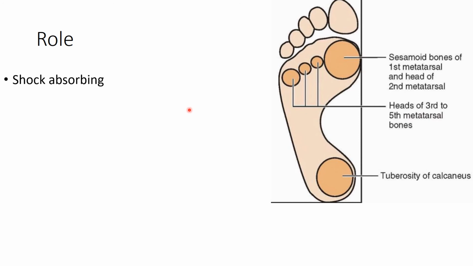Now in case of this landing, the forefoot takes the first thrust, and as the foot is composed of numerous bones, and in case of landing the forefoot is in extension, the arch is heightened, it is in more curvature.